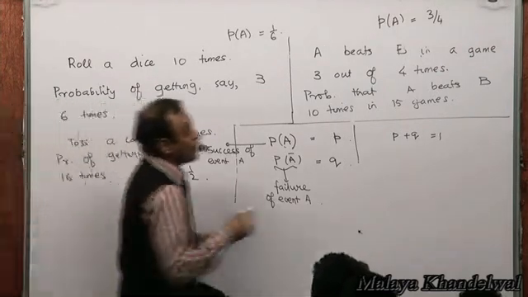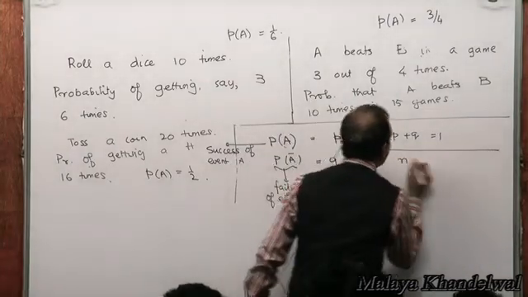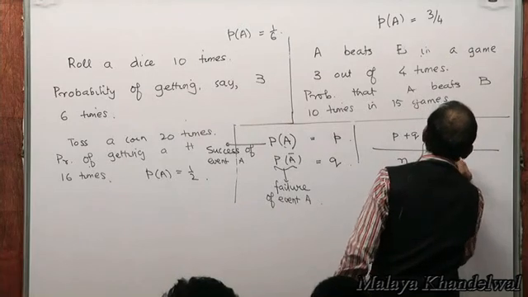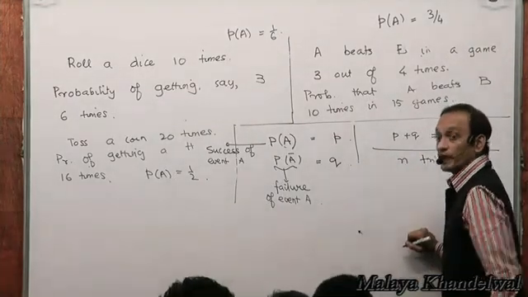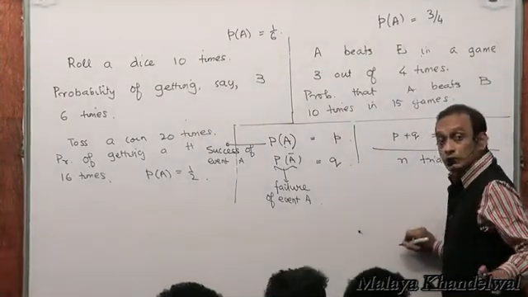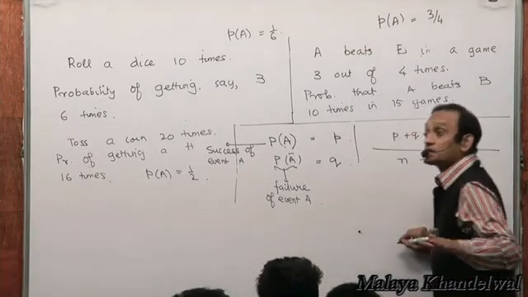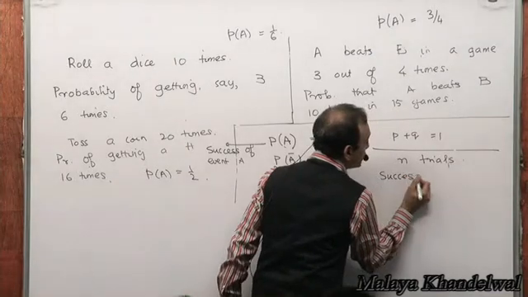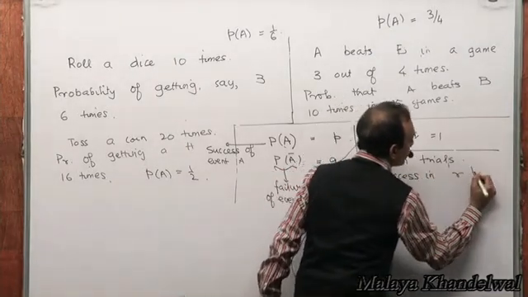There are n trials of this experiment that I'm going to perform, and I want to find the probability of the success of this event in r trials. You know what I'm saying?